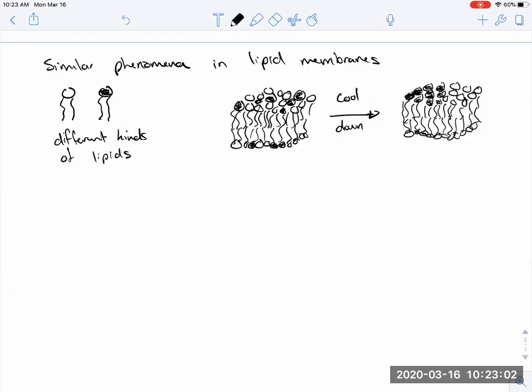Now, what is, I think, incredibly cool is this sort of thing can actually be imaged. Segregation of phases with different lipids.